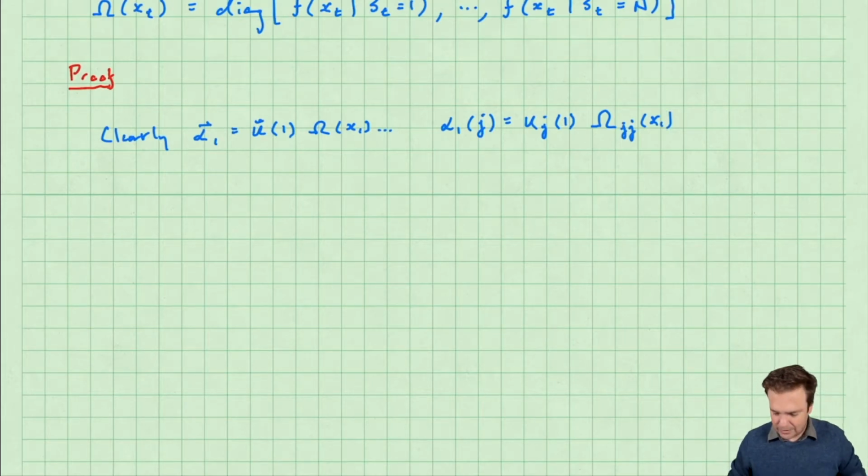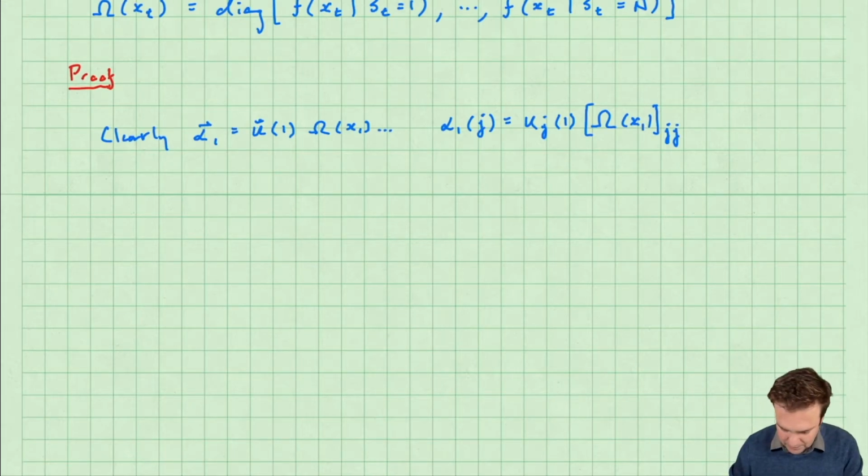Or maybe you want to say omega of x1 at jj. Maybe that's a better way. Let's write it that way. Like that. All right, so clearly this is true if you just write out what these different pieces are.